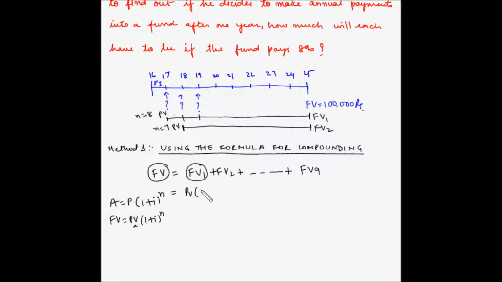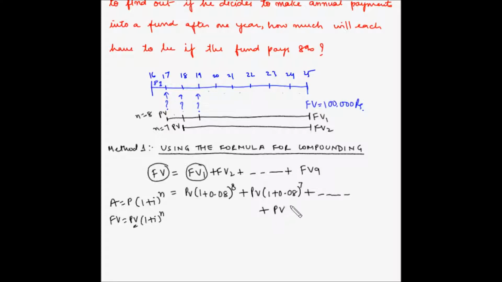So this future value becomes PV into (1 plus 0.08) to the power 8, because as we saw, this first PV is going to be compounded for 8 years, plus PV into (1 plus 0.08) to the power 7, plus so on. Let me note down the value for FV8.